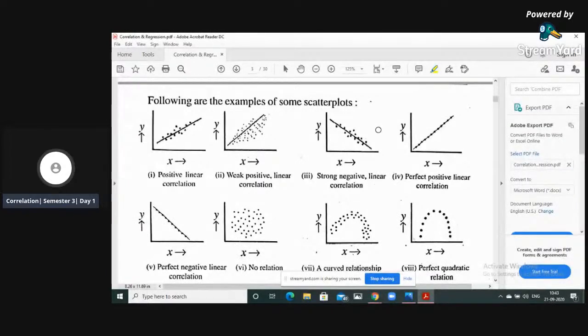Following are the examples of some scatter plots.